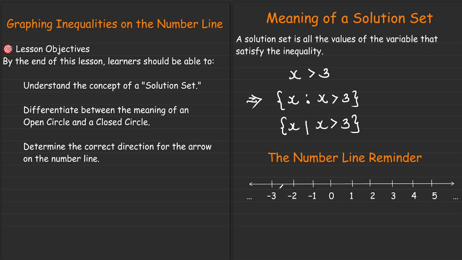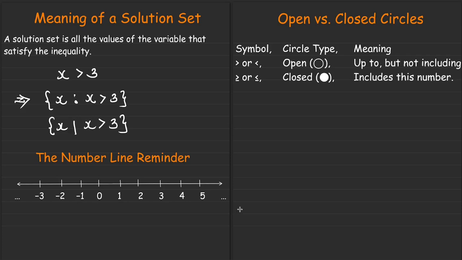Now, open and closed circles are what we'll be using to represent our inequalities. To represent our inequalities on the number line, we need an open and a closed circle, and we also need an arrow. So first of all, let's look at what these two circles mean. The first one is an open circle.